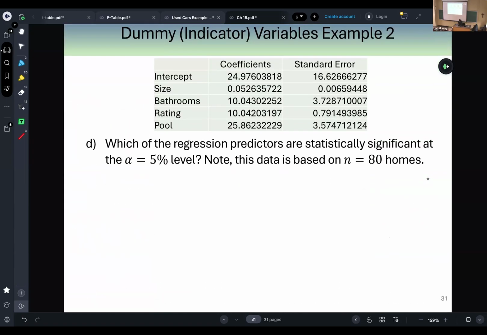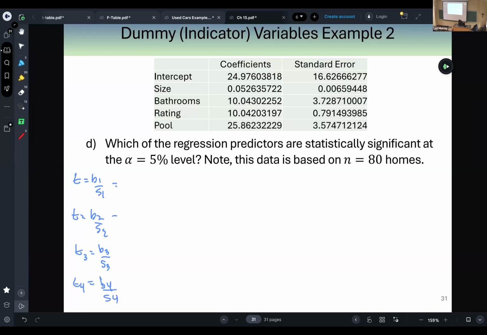So let's do size first. That's going to be B1 over S1. We're going to do B2 over S2. T3 is going to be B3 over S3. And the final one will be T4, B4 over S4.